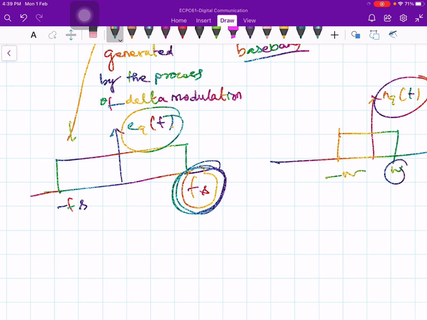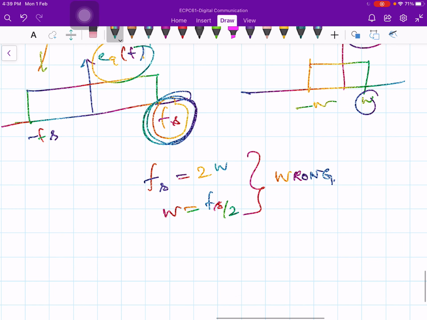Okay, and you cannot say this Fs equal to 2W, or W is equal to Fs by 2. This is completely wrong. Why? In delta modulator, this Fs is much higher than W. Remember, our sampling rate in delta modulation is much larger than the Nyquist rate.